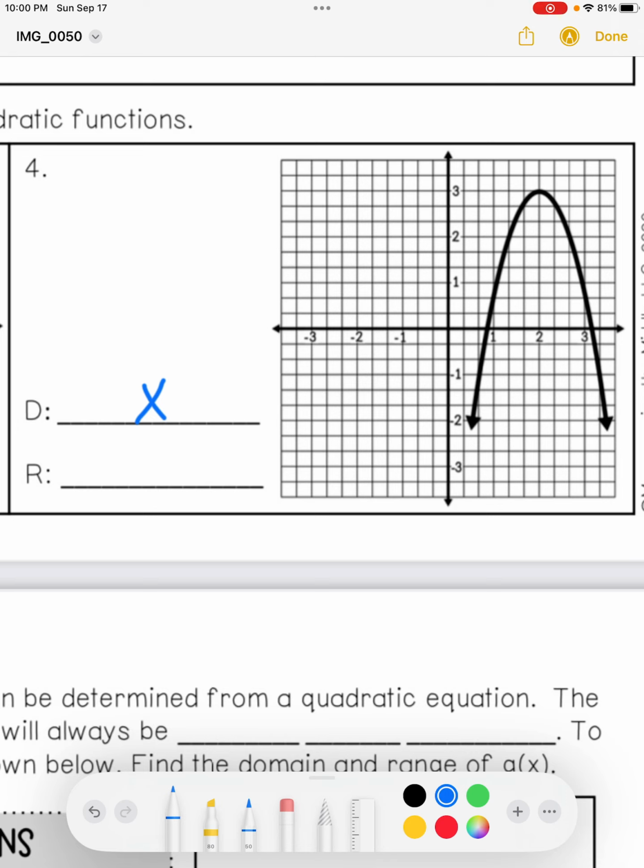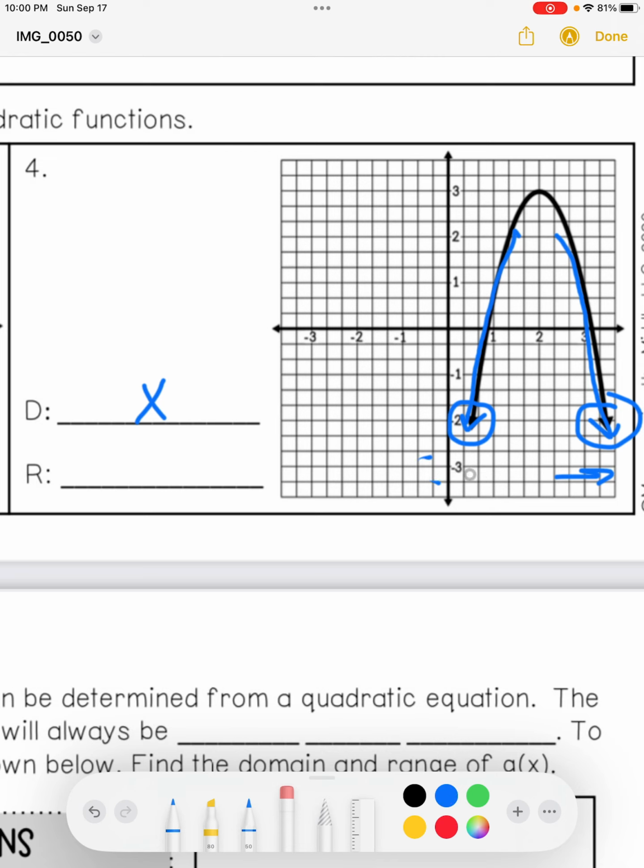So if I move to the left on my graph, I hit an arrow. If I move to the right on my graph, I hit an arrow again. So I have no stopping point on the left and no stopping point on the right. So I'm going to hit every single number, right? I go forever to the left and I go forever to the right. So there is no stopping point.